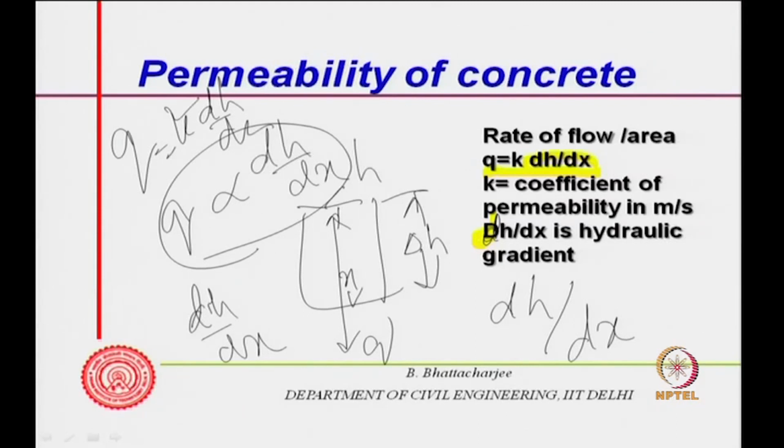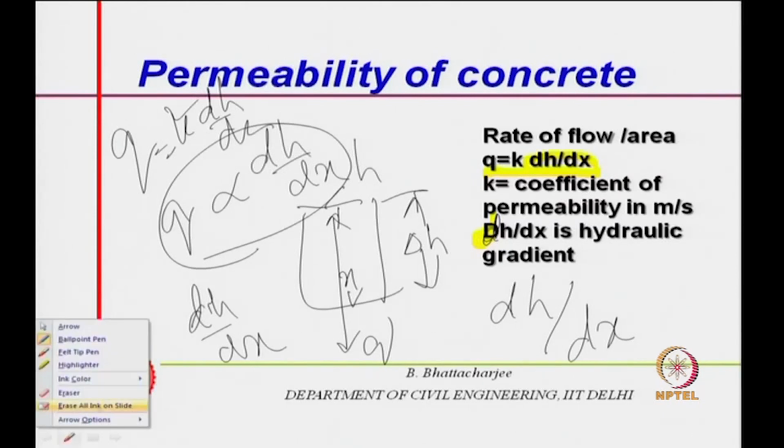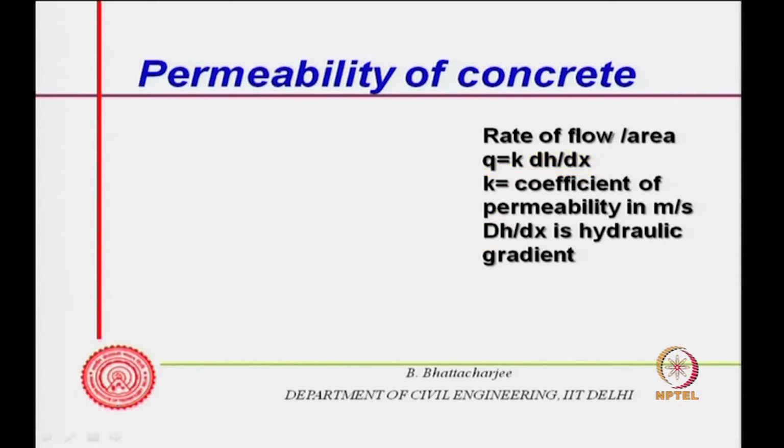It is analogous to thermal conductivity, or the diffusion coefficient that we talked about in case of steady condition. Therefore, for a given hydraulic gradient, flow is proportional to k. More k means more flow, less k means less flow.